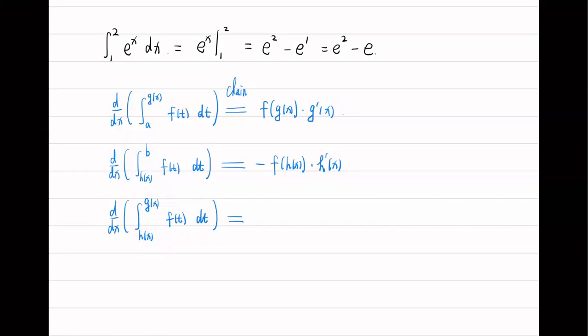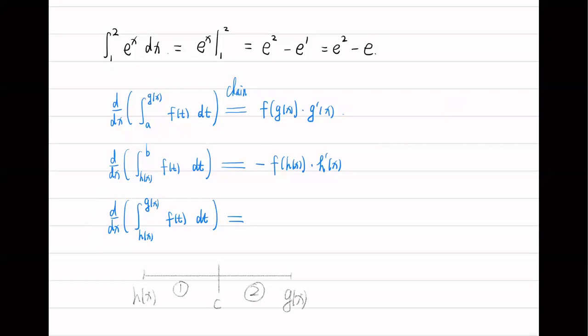So this one, both this changes and this changes. One way to find the formula is we can, so suppose this is G, I'm sorry, this should be lower. Let me draw a picture. g of x upper limit, lower limit should be h of x. To find this limit, we can break this integral into two parts, first one and second one.